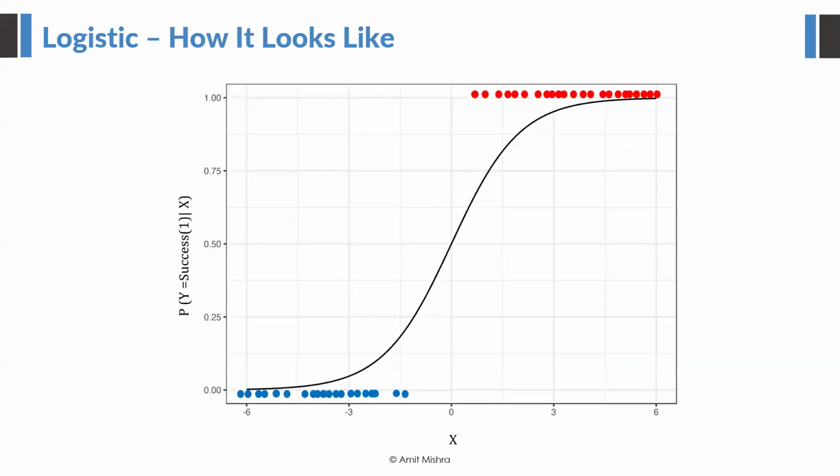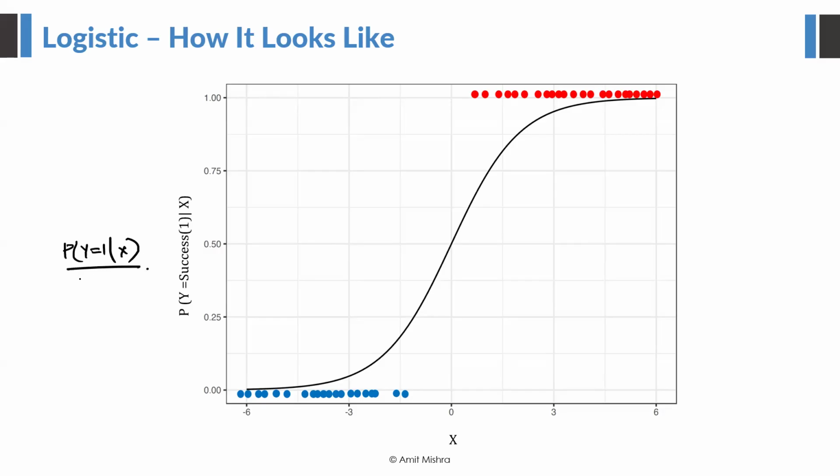Now let's continue. This is how the logistic regression actually looks. You see here how the responses are generated. We have the probability for y equals 1, the probability of success for the given value of x.